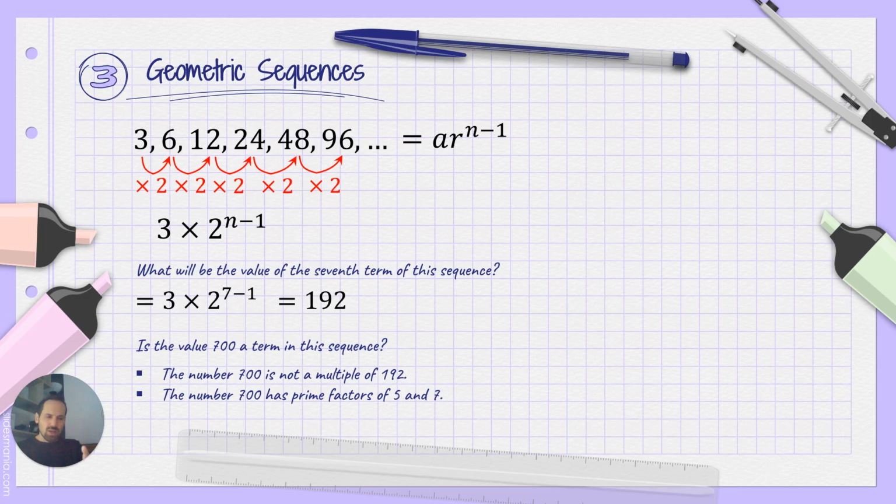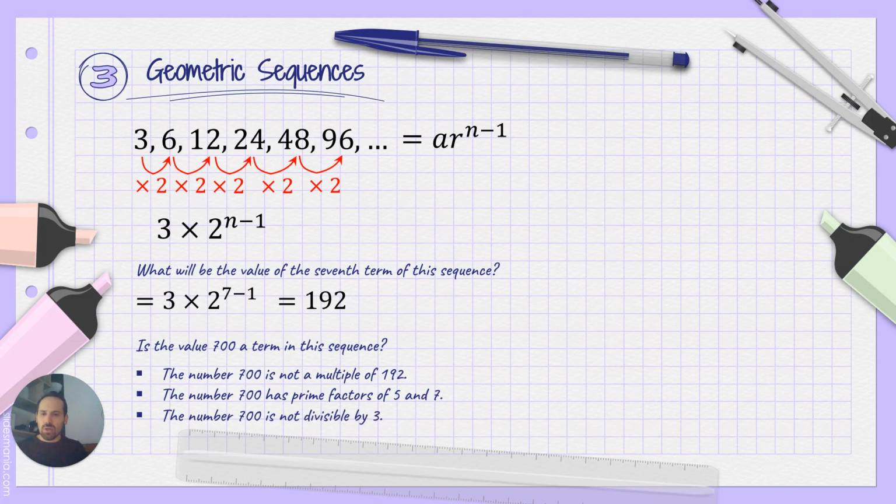It's basically 3 times 2 some number of times. So if we get this number 700, where do these factors of 5 and 7 come from? We know they can't have factors of 5 and 7. So therefore, 700 can't be a term in this sequence.